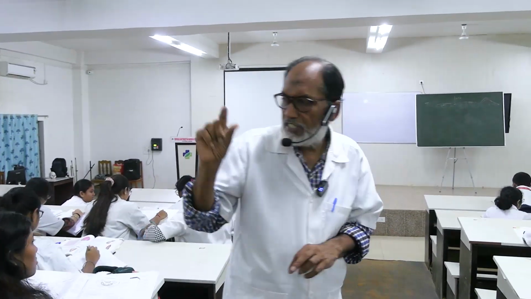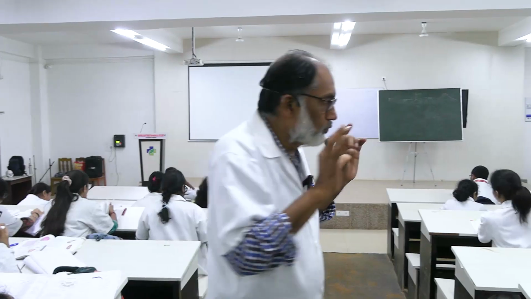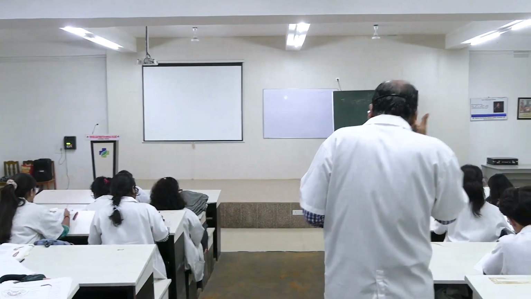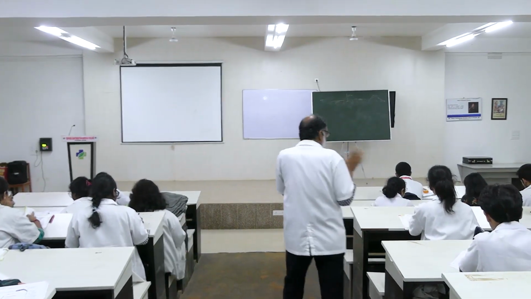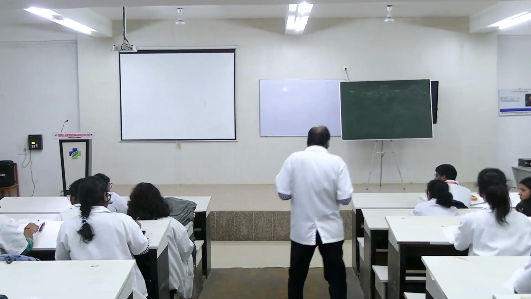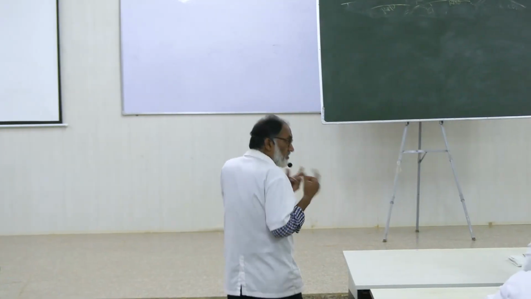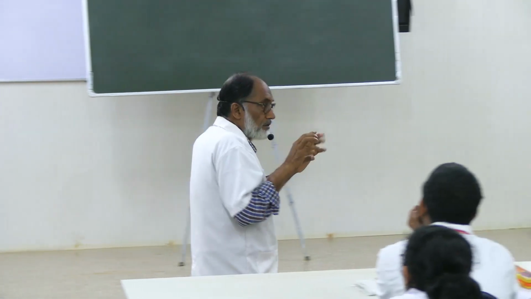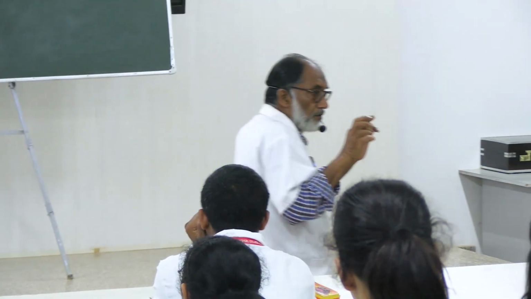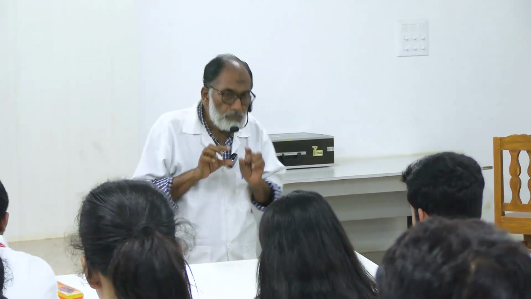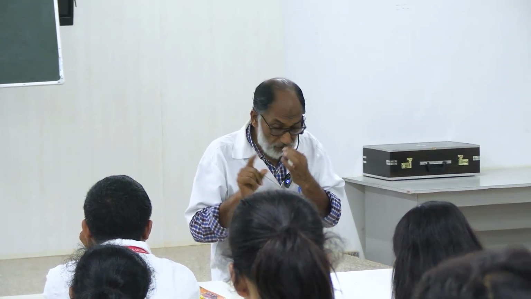Which tracheal rings? Second, third and fourth tracheal rings. So there are two thyroid glands, called lateral lobes, situated in front of the trachea. The second, third and fourth tracheal rings are very important for your surface marking.